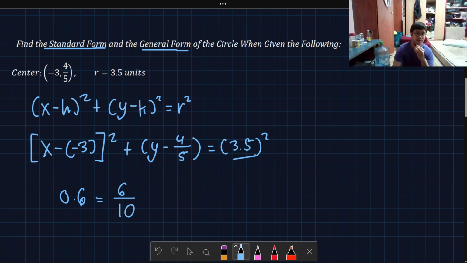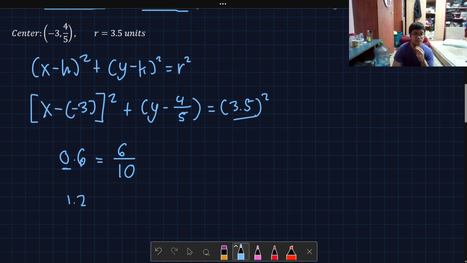How do I know that? If I see a term that has a decimal, and there are only two numbers with a decimal point between them, it means that that number has been divided by 10, all right? Another example, I have 1.2.